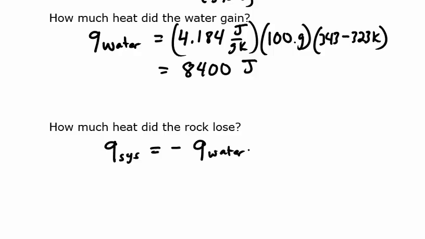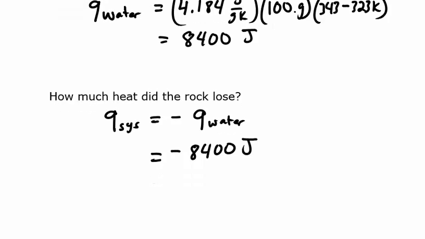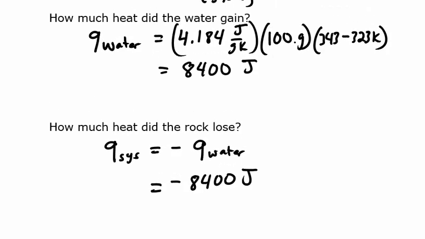Okay, so in other words, if the water heated up, then the rock must have cooled down. That's why we have a negative there. So we can simply say the heat for the rock is negative 8,400 joules. Okay, so obviously we are assuming in this case that all the heat from the system went from the rock to the water. It was completely insulating.